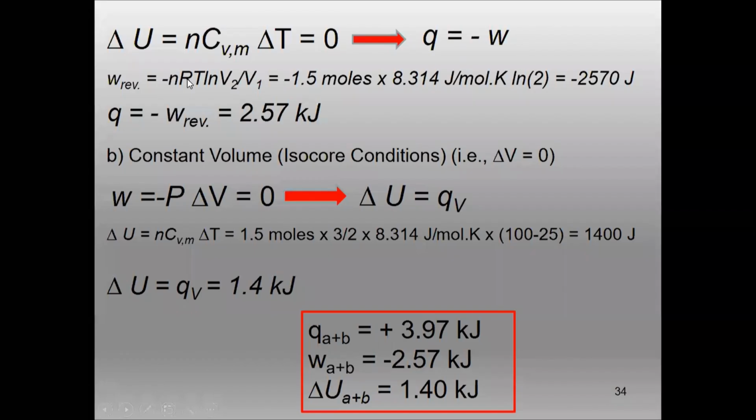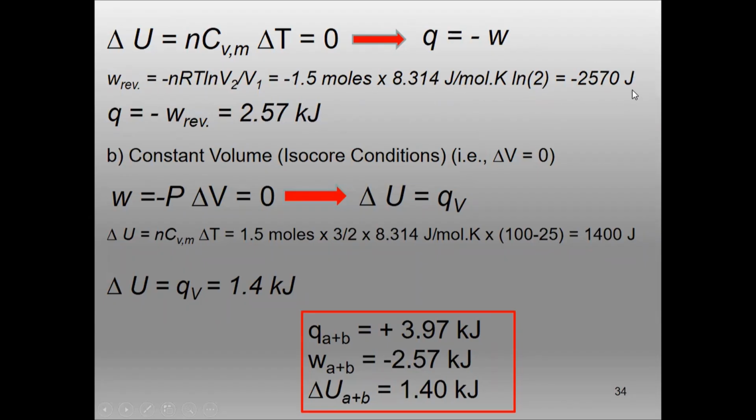What is n? 1.5 moles. What is R? 8.314 joules per mole Kelvin. From here, you will get your energy, and you divide by 1,000, and that will be the work in kilojoules: minus 2.57. Now, what is Q? Q is negative W, so Q will equal 2.57 kilojoules.